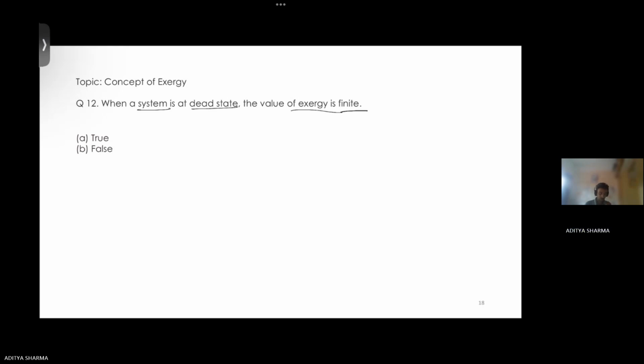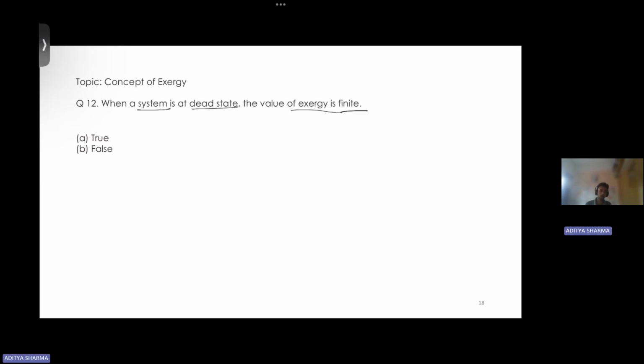So when the system reaches dead state, which is the state in which the environment is, it loses all its potential to do work, right?